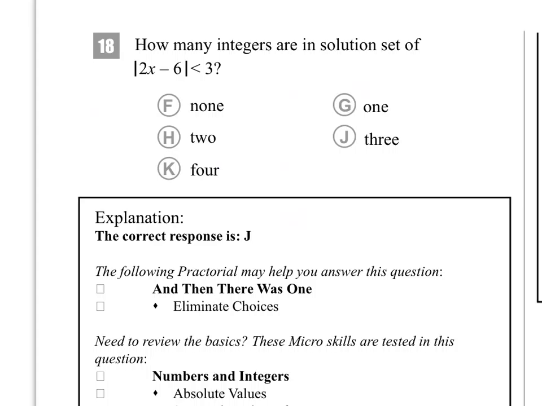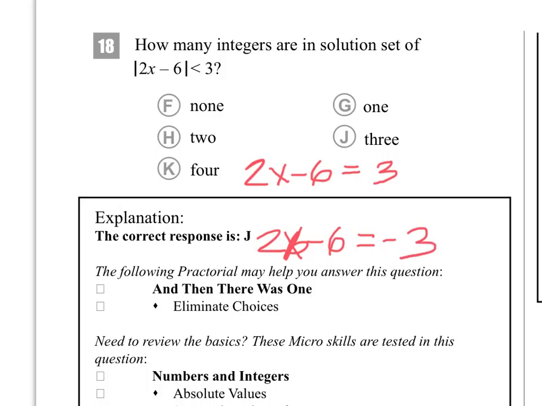2x minus 6 equals 3, and then 2x minus 6 equals -3.